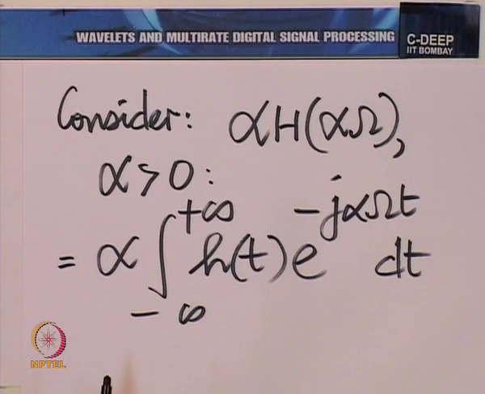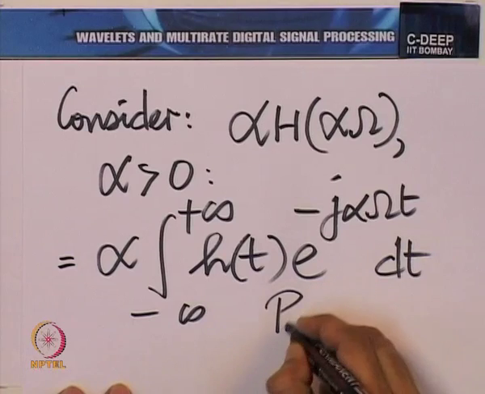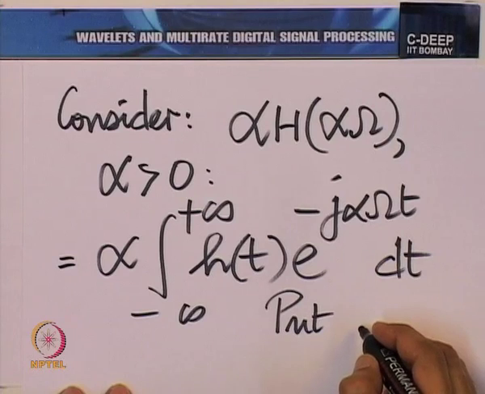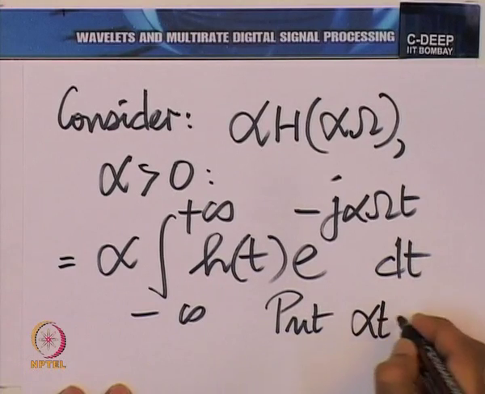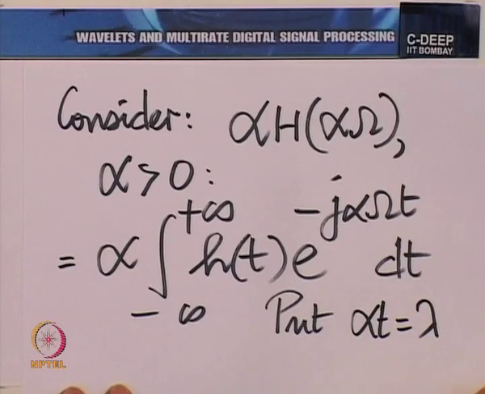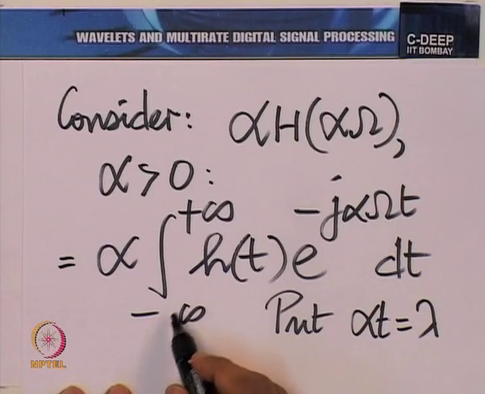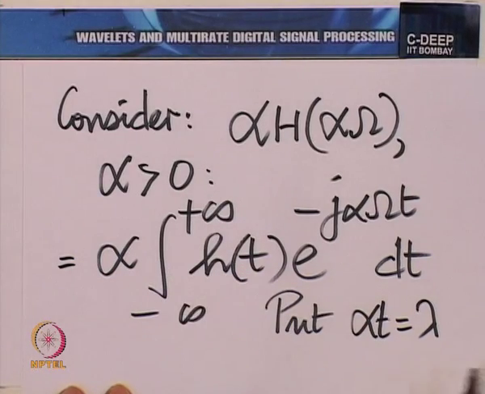And now, we have a simple step that we can perform. If we simply put alpha t equal to lambda, then we would get, you see, alpha t equal to lambda, alpha is strictly positive. So, when t runs overall from minus to plus infinity, lambda also runs from minus to plus infinity.